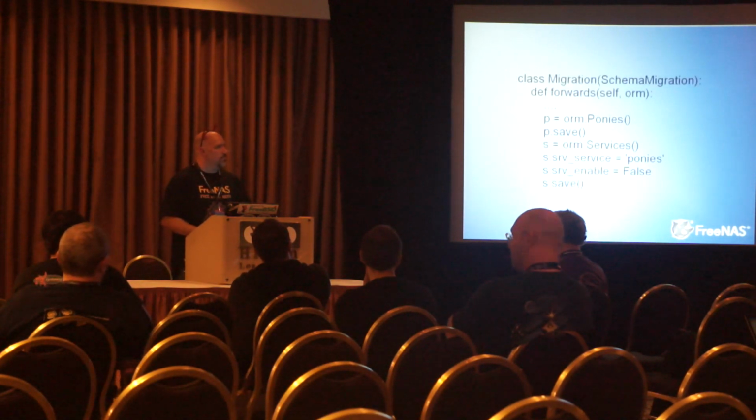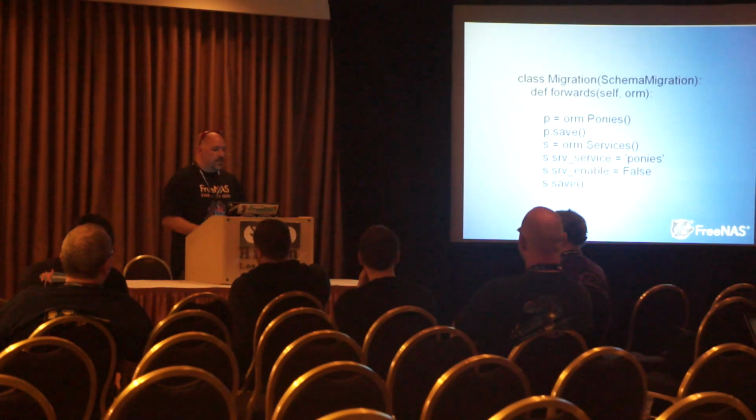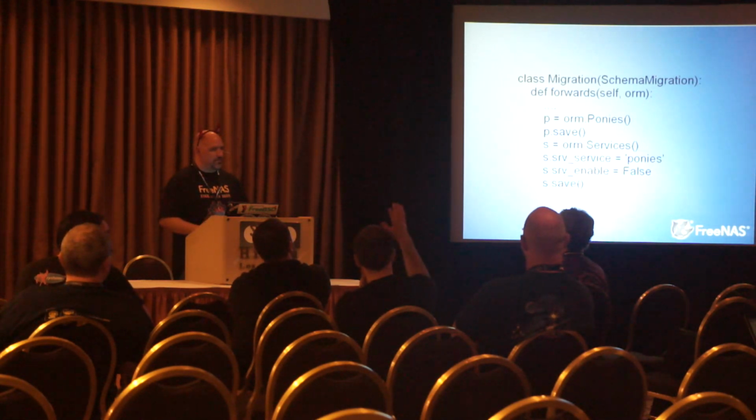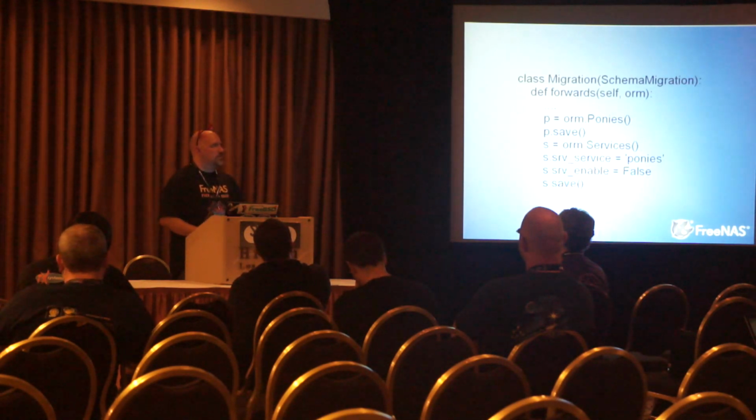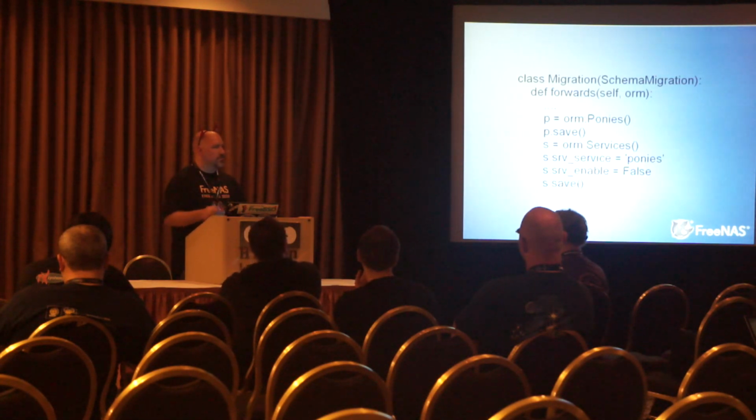So Django uses the South database so that we can keep track of how... have any of you used South before? Okay, so the Django people know what South is. South allows you to keep track of migrations, and it allows you to modify your database schema moving forwards and backwards.